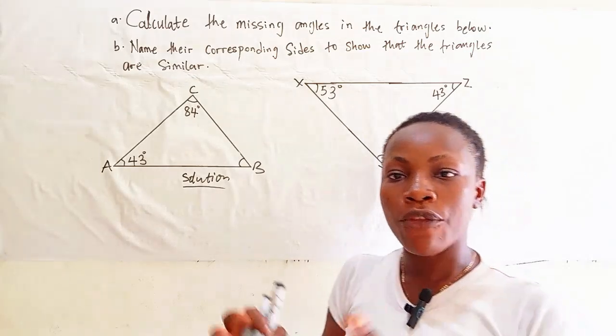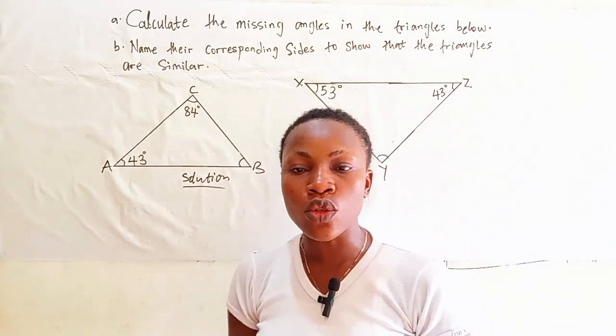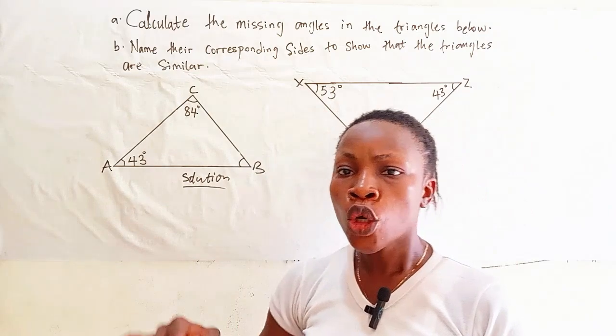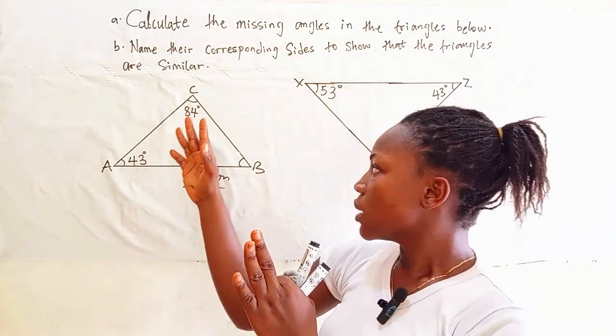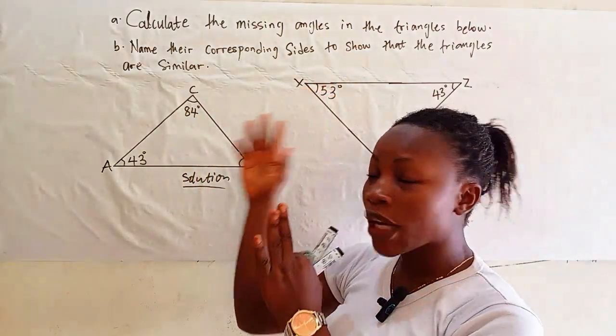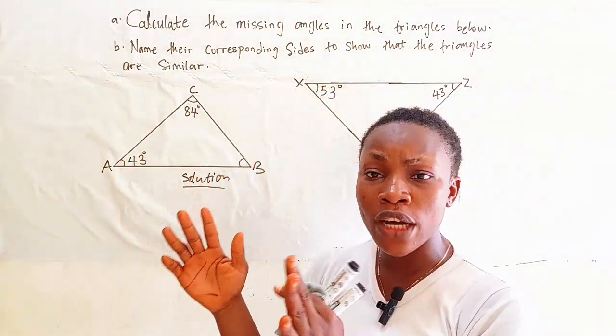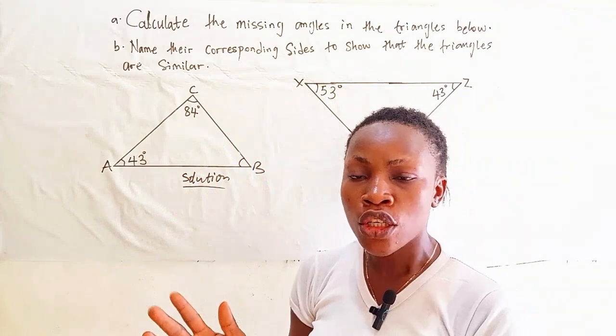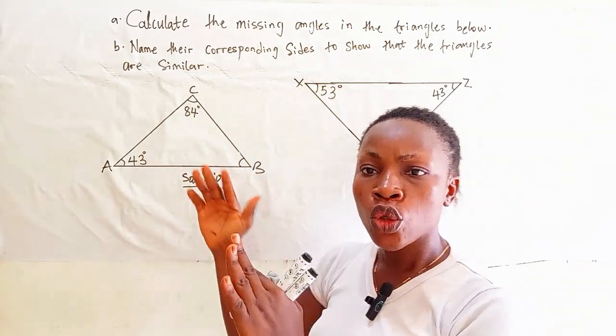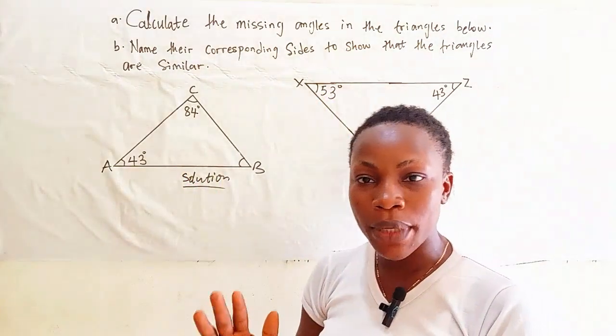Alright, after we have gotten the two missing angles, we will now use them to name the corresponding sides to show that the two shapes are similar.